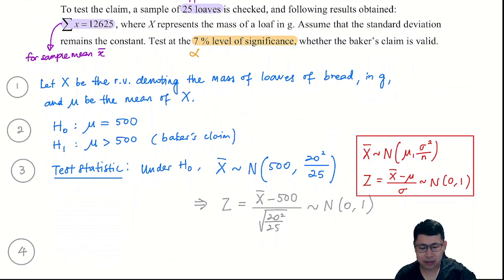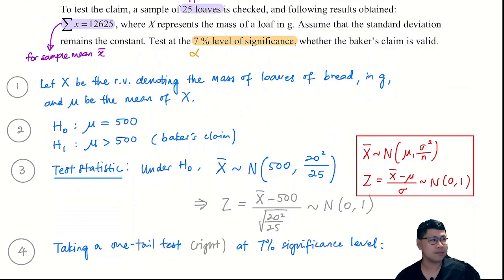So this is a one-tail test, and we need to test with this 7% level of significance. Our statement will look like this: taking a one-tail, right test at the 7% significance level.